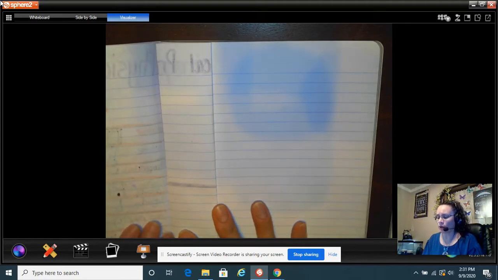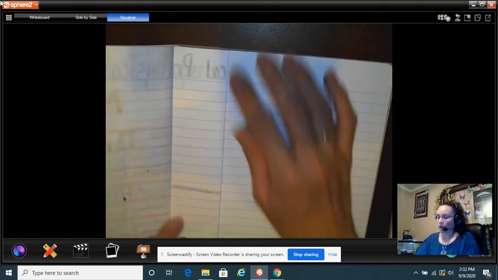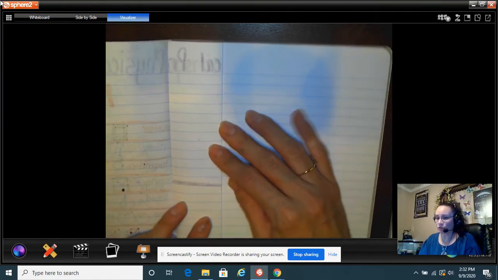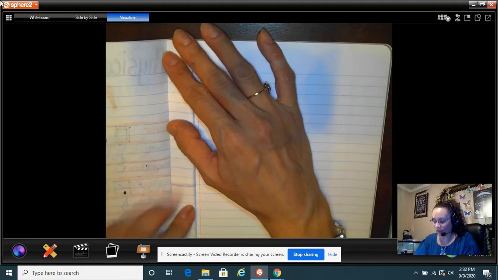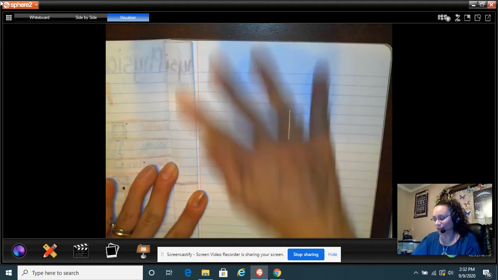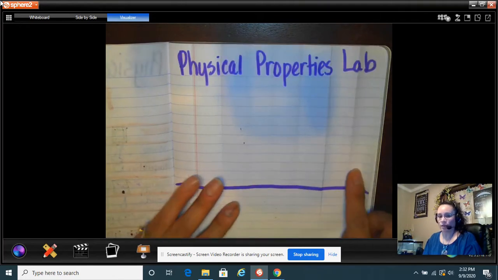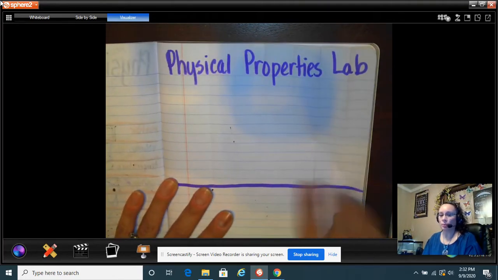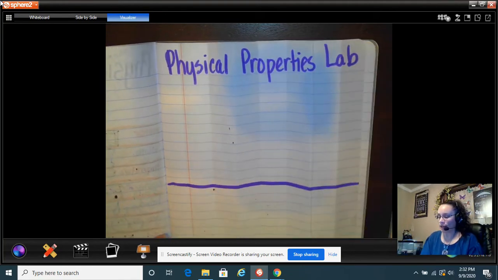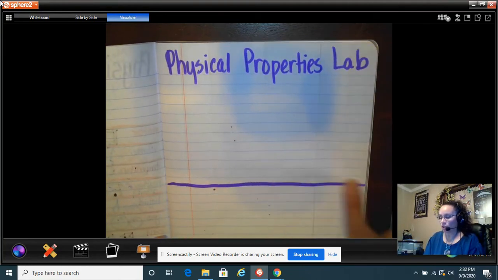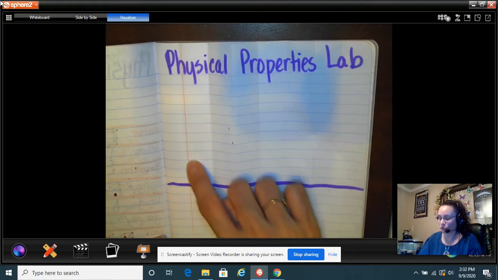And this is where I started folding my pages. In first period, I didn't finish folding, so I'm going to fold this again because I am creating a data table for my science lab. Here's my physical properties lab. Then I'm going to make sure I divide this page in half. So I just counted 12 lines: 1, 2, 3, 4, 5, 6, 7, 8, 9, 10, 11, 12.